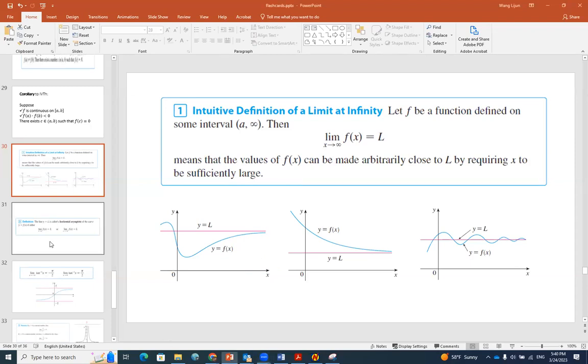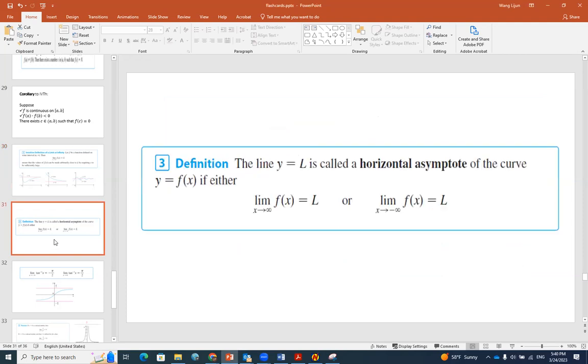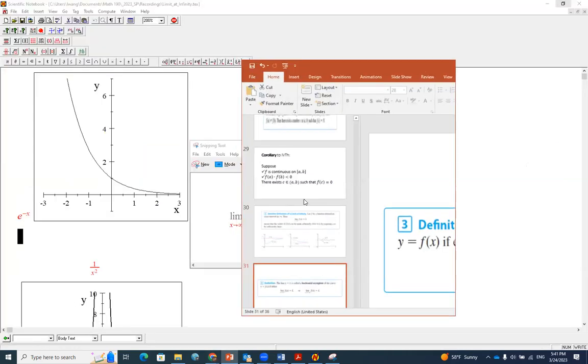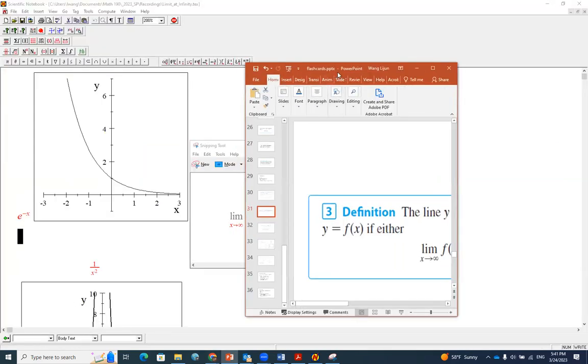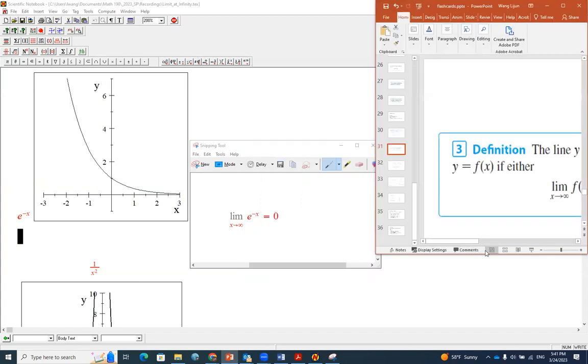And the second definition that we are going to use is the horizontal asymptote. We have learned horizontal asymptotes. We've seen these horizontal asymptotes in the case of e to the power x. I'm going to show you a couple of pictures.